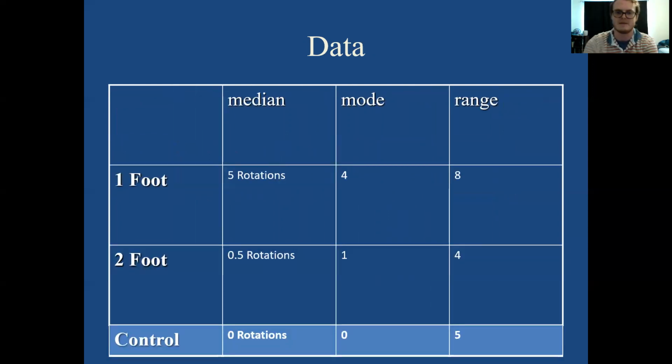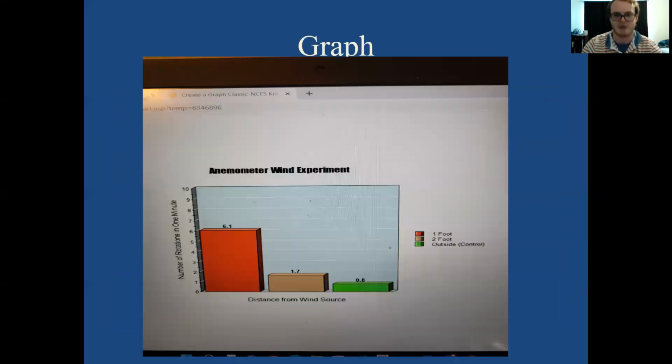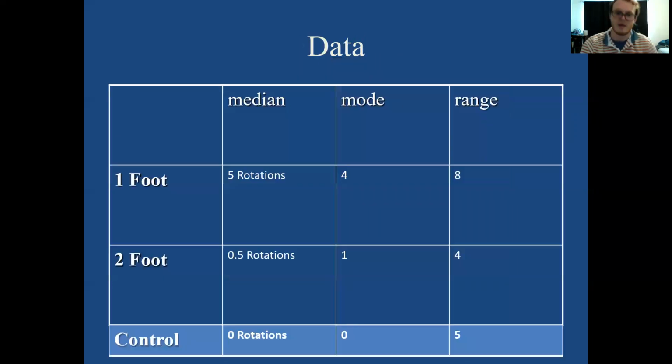So from that, I was able to find these different little statistics and actually graph it. And it ended up being what I thought: the closer the distance, the more rotations I was going to see. And those rotations per minute actually show me the speed at which the wind is traveling.